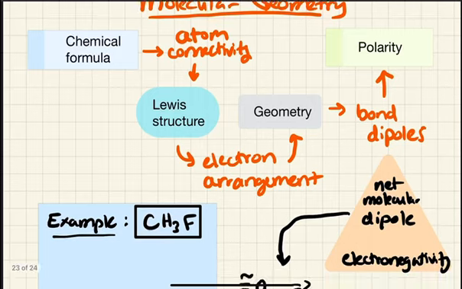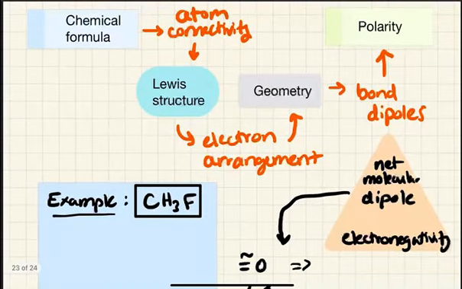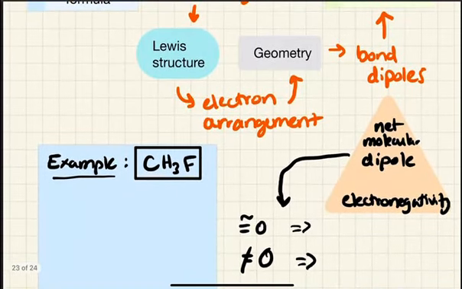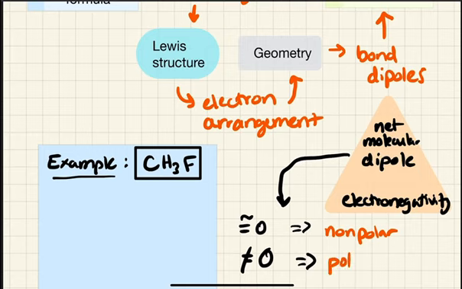So the polarity is more of a yes-no kind of question. If we have a net molecular dipole that's approximately 0, we would say that the molecule is nonpolar. If we have a molecular dipole that is not equal to 0, it's got some larger value associated with it, this would typically be considered a polar molecule.